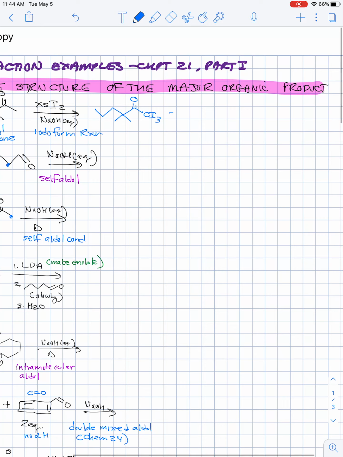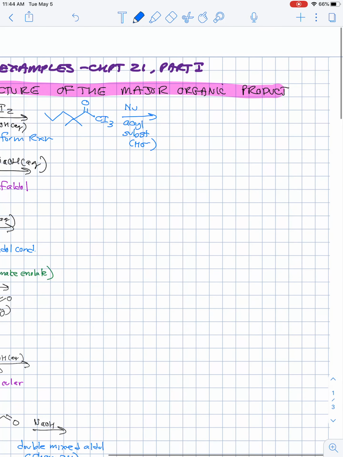And then this is moderately reactive to a nucleophilic acyl substitution with hydroxide as the nucleophile. And so that will give us a carboxylic acid and the leaving group.